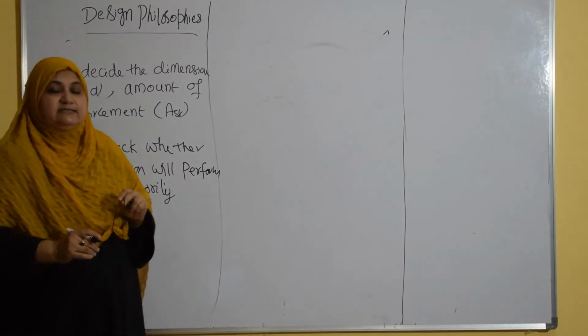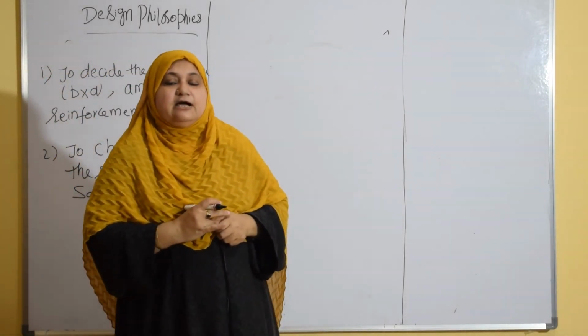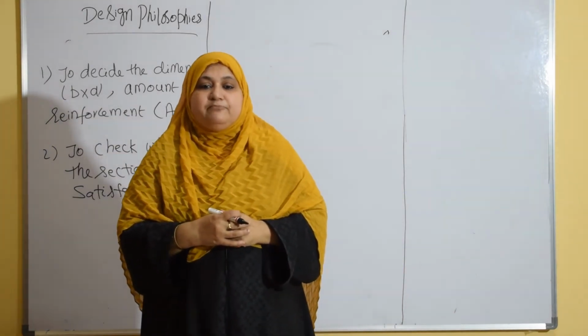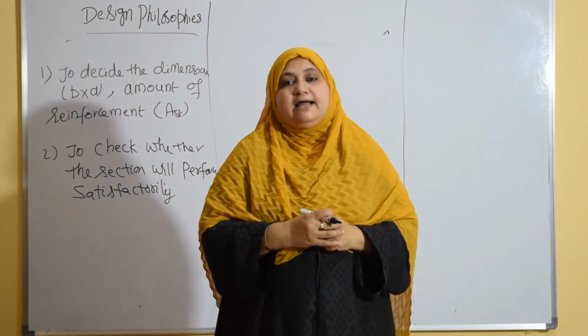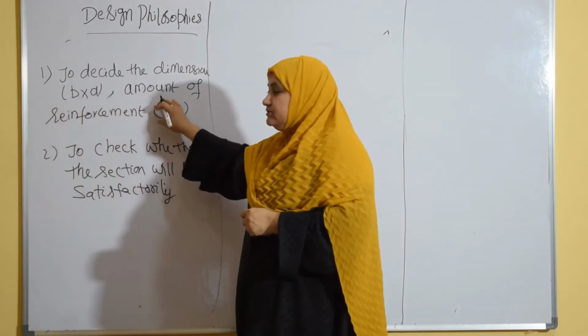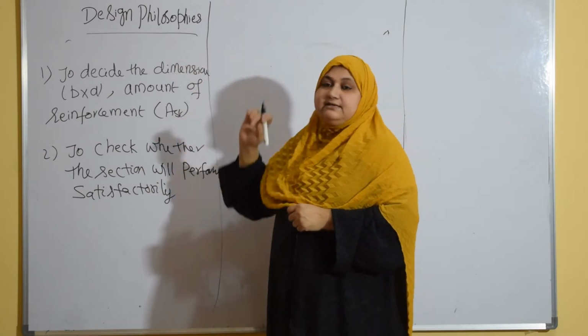The second thing in the design is to check whether the adopted section and the provided steel will perform safely and satisfactorily during the lifetime of the structure. So these two together we call design.